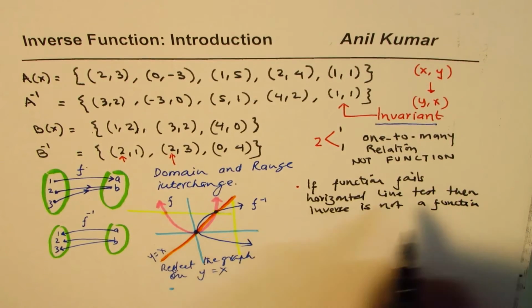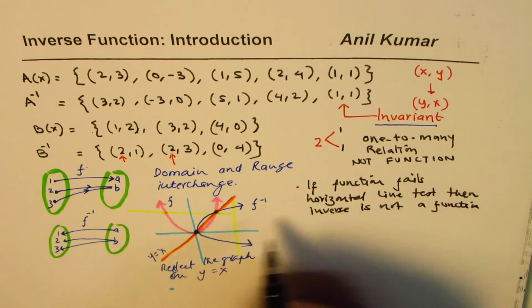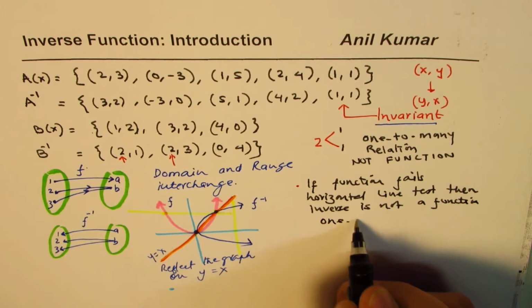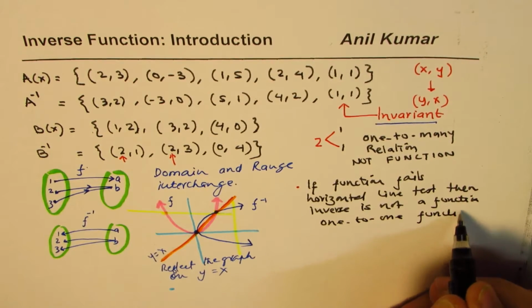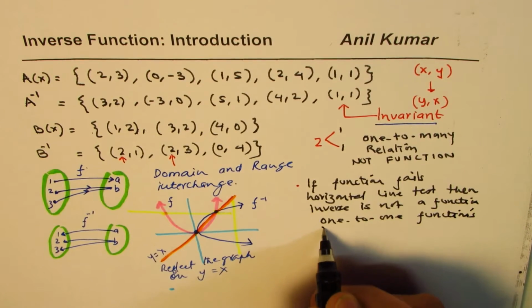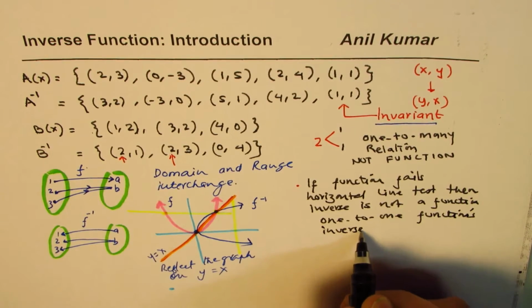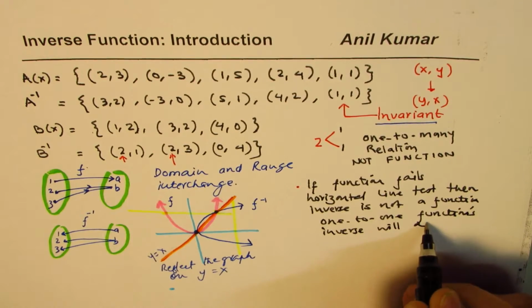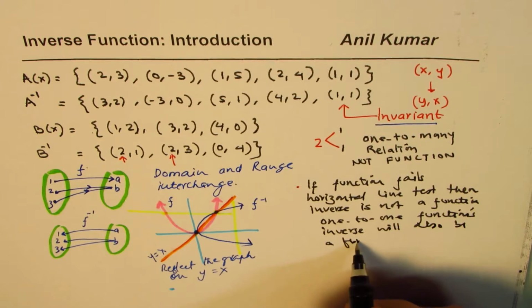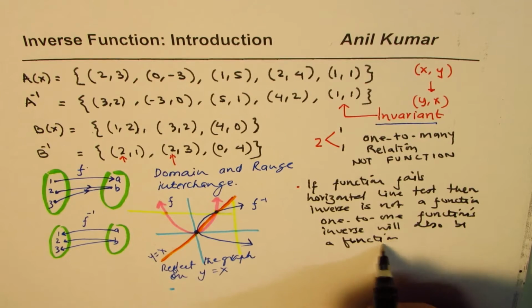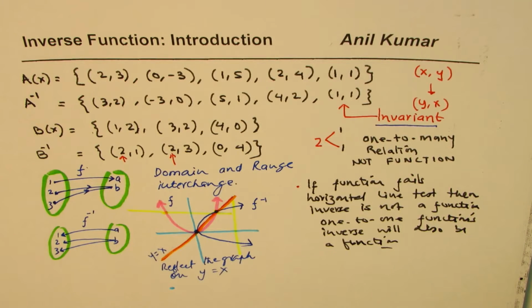Basically what we have come to know is that only for one-to-one functions will the inverse also be a function. Do you see that? That is what we conclude from here. This is very, very important.